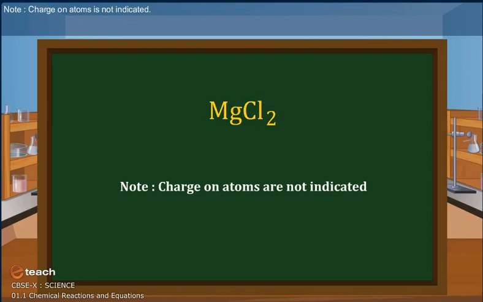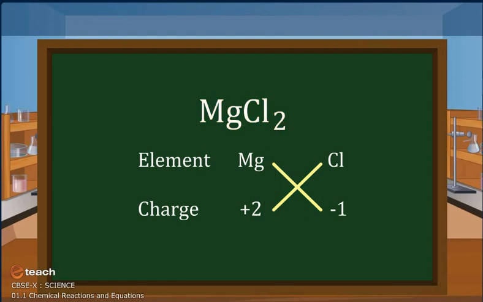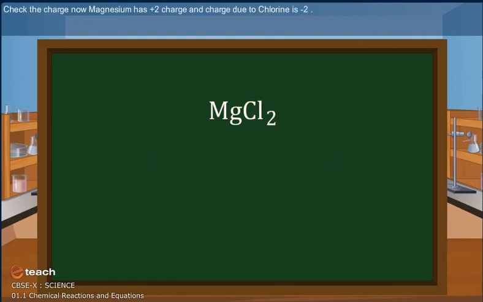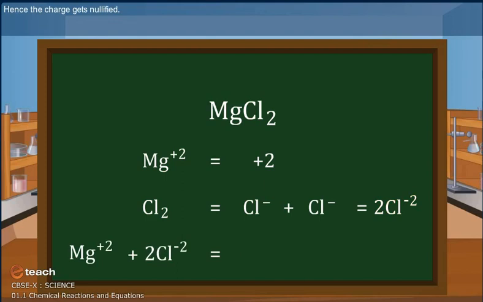Note, charges on atoms are not indicated, or just cross the charges to get the formula. Hence, the formula becomes MgCl2. Check the charge. Magnesium has plus 2 charge and the two chlorines have a total of minus 2 charge. Hence, the charge gets nullified.